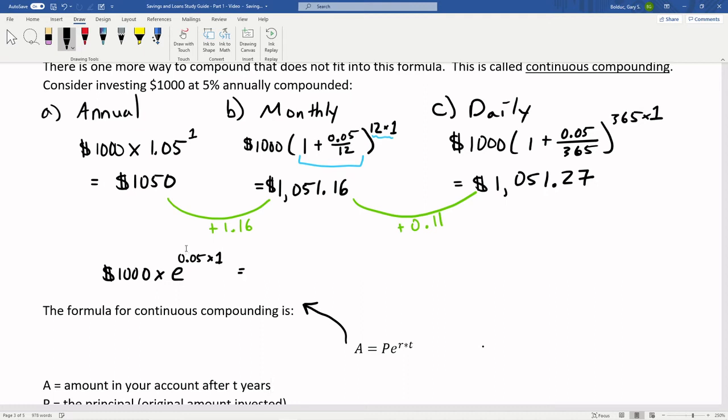Okay? So, plug this into my calculator. Now, I think every single calculator that you could possibly be using for this class has e in it. You're literally just looking for the letter e in your calculator. So you do 1,000 e and then raise it to the power, and you end up getting 1051.27.